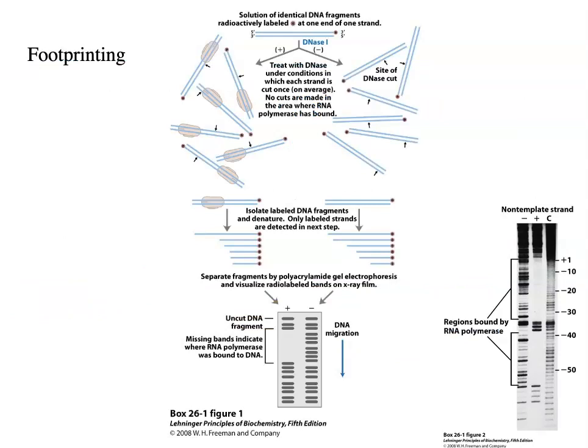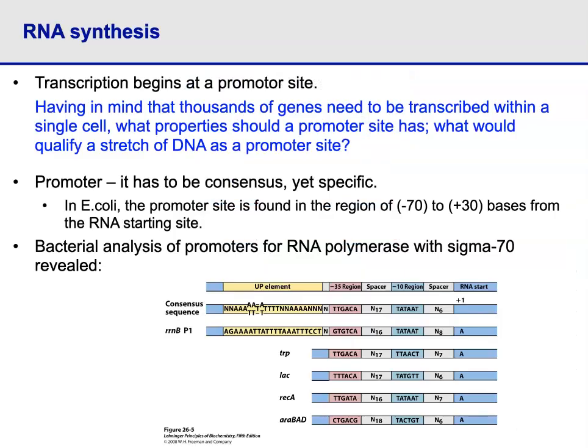All right, how do we determine where the promoter is? Because there is no specific location for the promoter. For bacteria it was established to be +30 to -70, but in higher organisms, that's not the case. It's very difficult sometimes to find out where the promoter is.